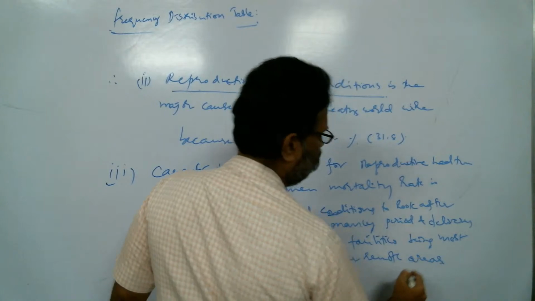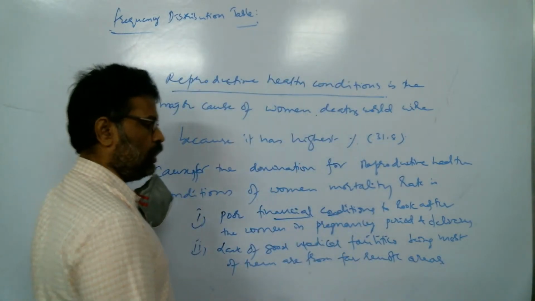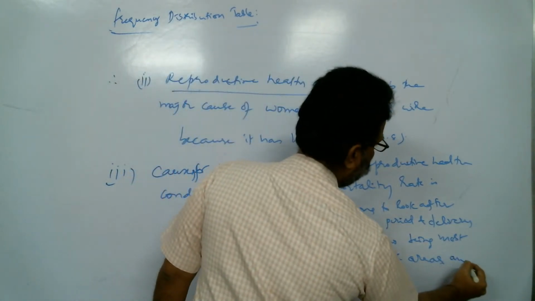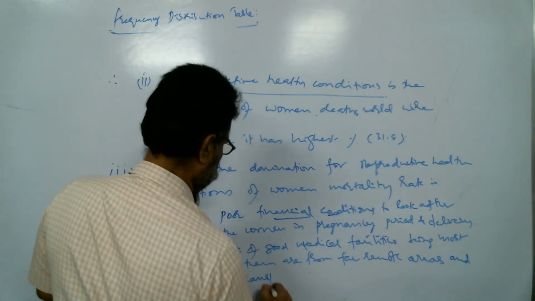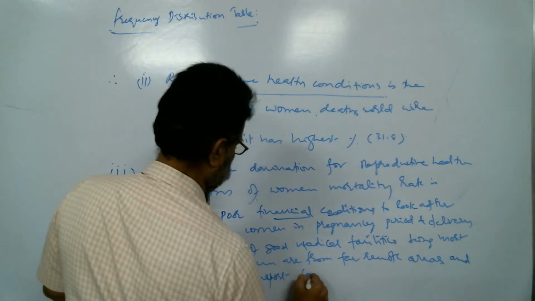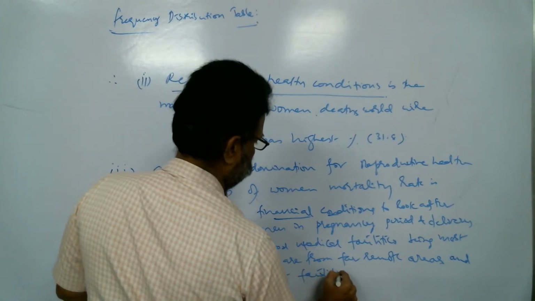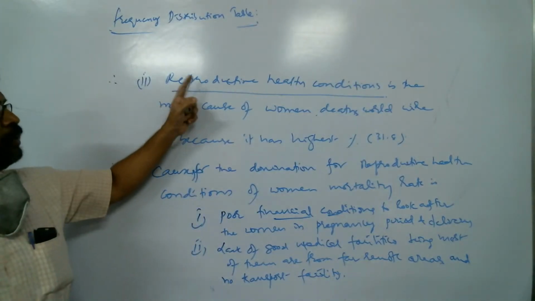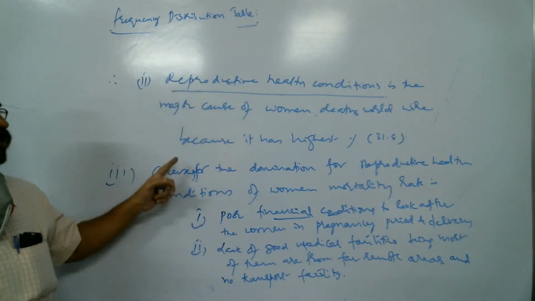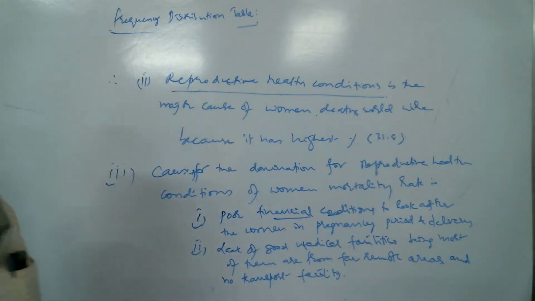So they can't have proper transport facility also, no transport facility. So these are the major conditions of reproductive health, because of which the women are dying more in the country.